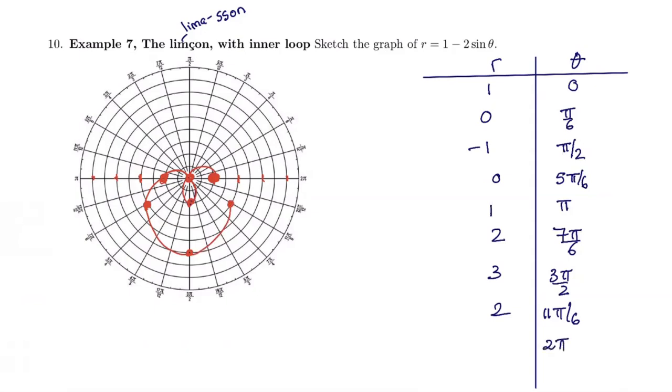So if we go back to 2 pi, we'll end up at 1, which is exactly where we want to go. And so we end up with what's called a limacon. Outside of the picture, it looks like this, or out of the graph. So we end up with what's called a limacon with an inner loop. So this is the limacon with inner loop.